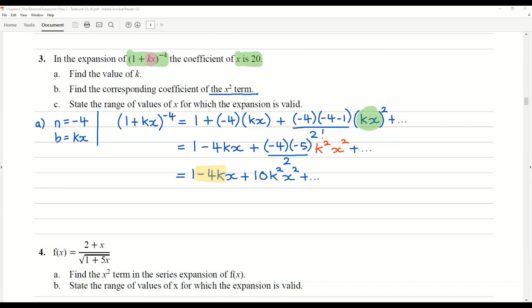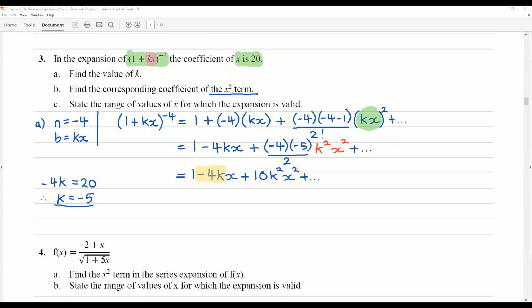So this means that negative 4k must be equal to 20. And it's the simplest equation to solve. So therefore, k must equal negative 5. And there we have it. Okay.